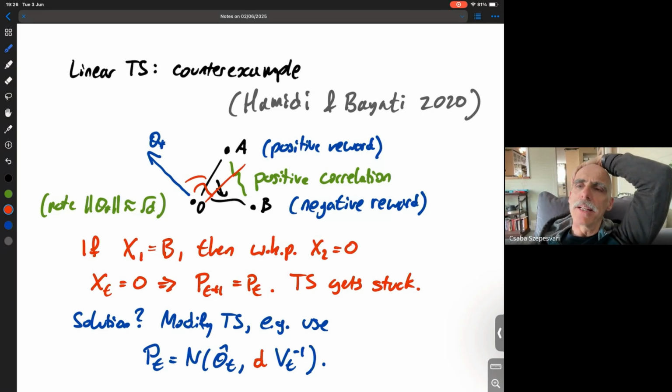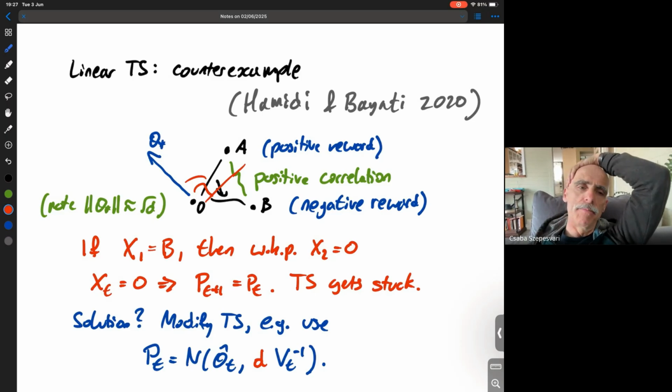So it depends on what you think is reasonable. If you think it's reasonable that the algorithm doesn't need to know anything about scales of reward, and it should still work, it seems the counterexample shows that in that setting, Thompson sampling is not going to cut it.